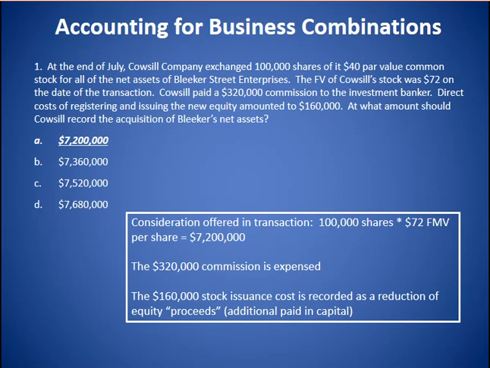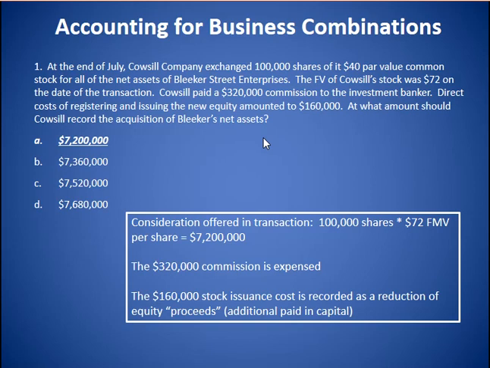That means the value was $7,200,000. Now, if you remember from our previous slide, the commission associated with this is $320,000, and that would be expensed by the acquiring company. It would not be part of the value of the acquisition.